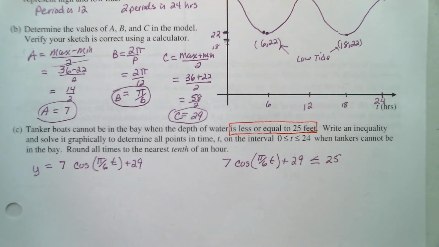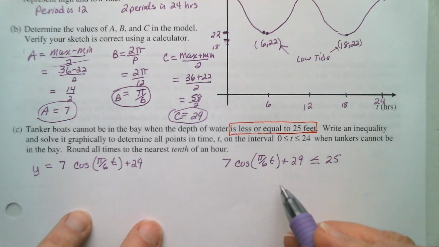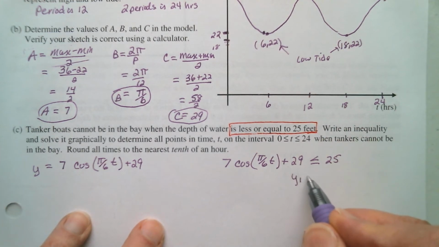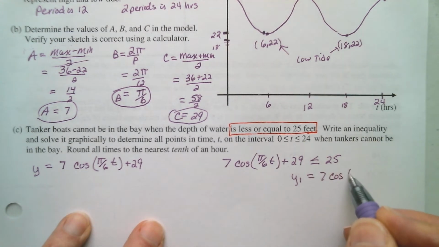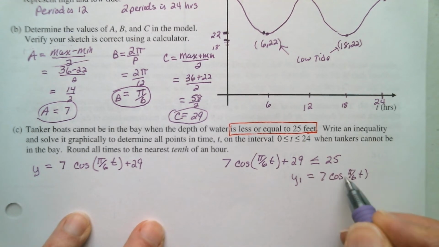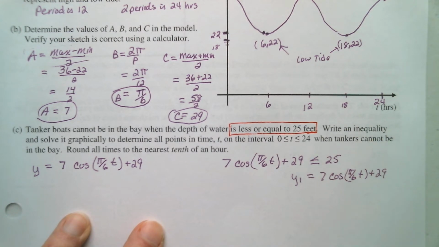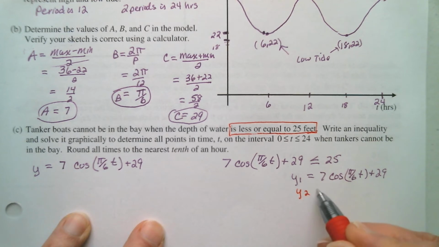When is that the case? Well, in y1, we have our equation 7 cosine pi over 6 t plus 29. And then in y2, let's put in 25.